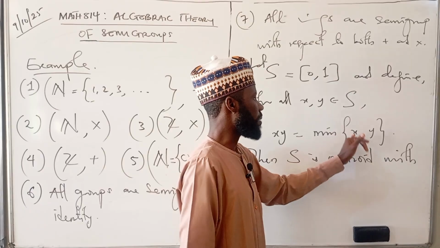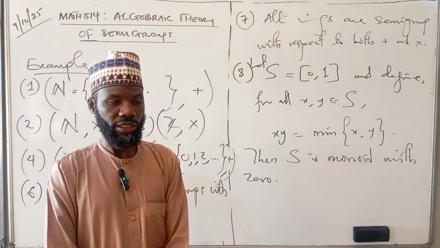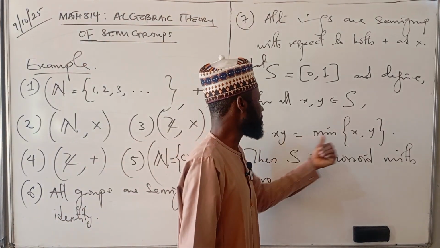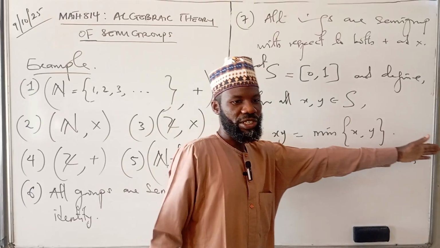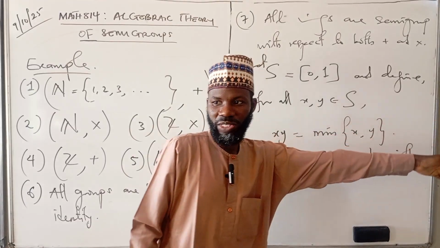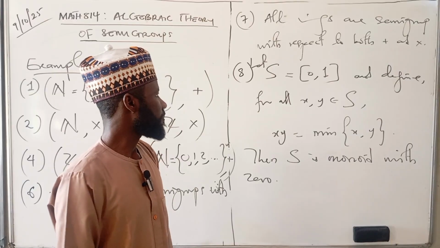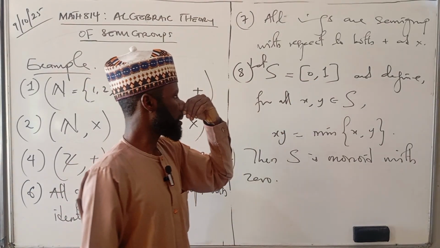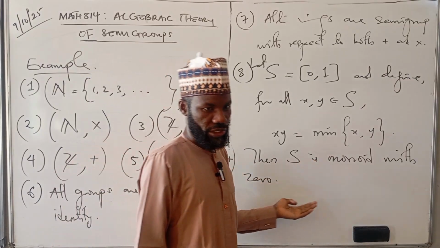You can just take the minimum of 3 elements x, y, z. So associativity is immediate. And it's closed because if you take the minimum of the 2 elements, they are already coming from the set, so whatever the minimum turns out to be, it is already an element of the set [0, 1]. Are you following? So you can define it like this on a closed bounded interval, and then you have a semigroup, a monoid with 0.